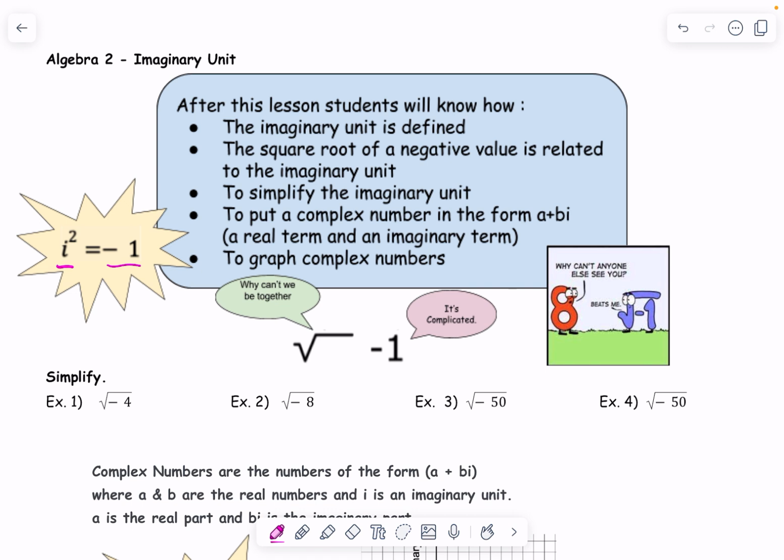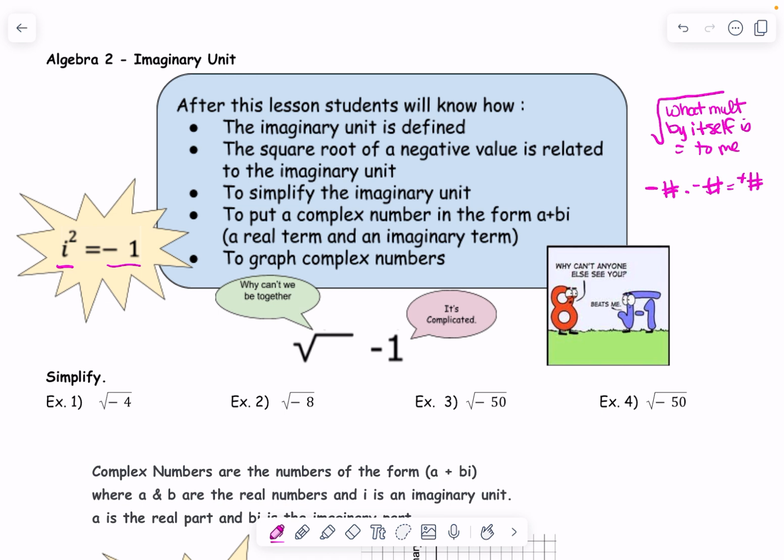Because when we're looking at a square root, when you take the square root of something, it's asking what multiplied by itself is equal to me. Well, if I take real numbers and multiply by themselves, if I took a negative number and multiplied it by the same exact negative number, I'm going to get a positive number.